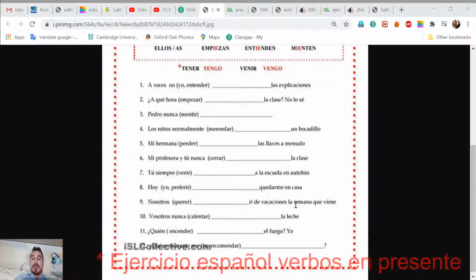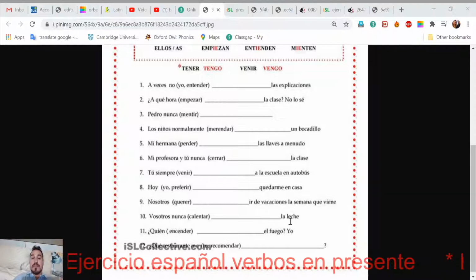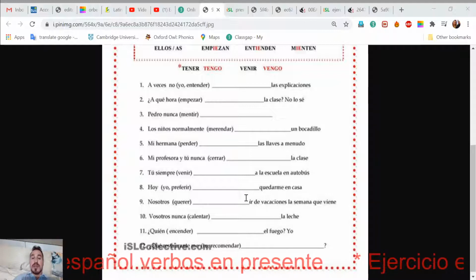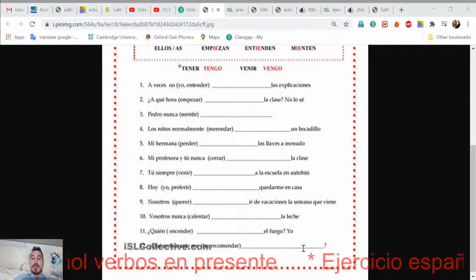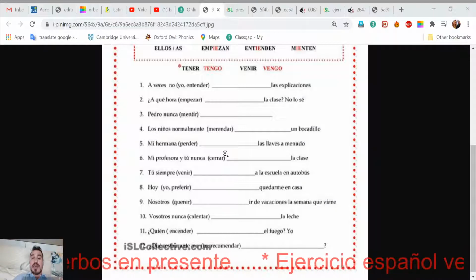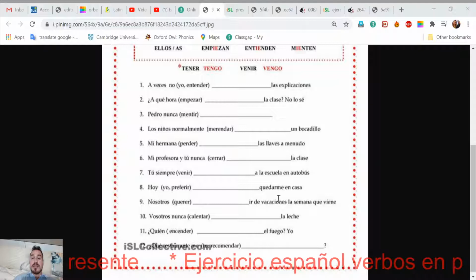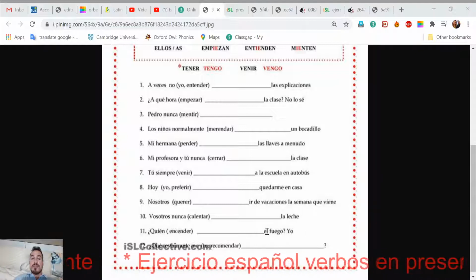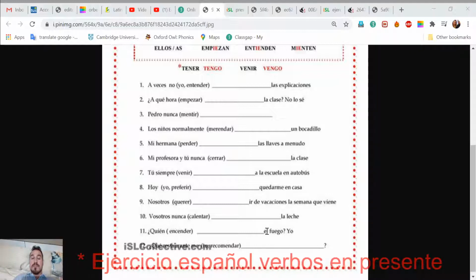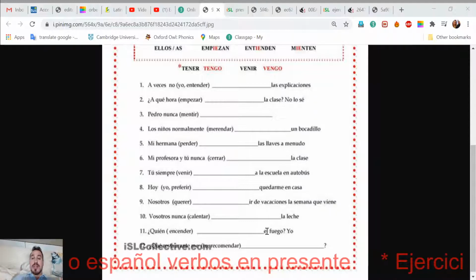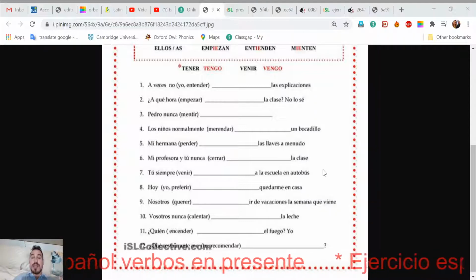That's why I'm using the vosotros form. And remember for this one, no irregularity, so you don't get a diphthong here. And since this is an AR verb, we're going to have an A and then the IS. So my teacher and you never close the classroom.